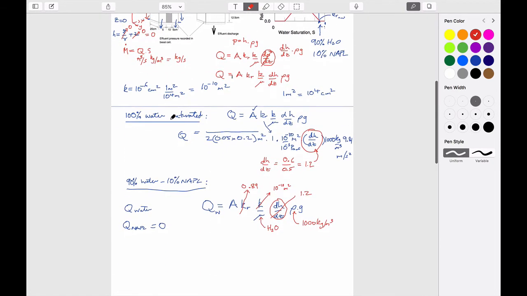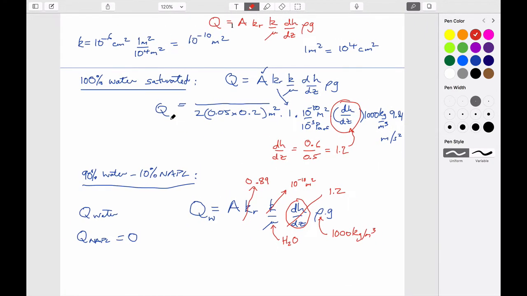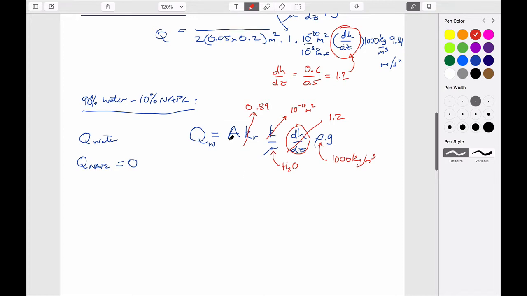So this area is equal to 0.1 times 0.2 meters squared. And that's everything you need to be able to calculate that.